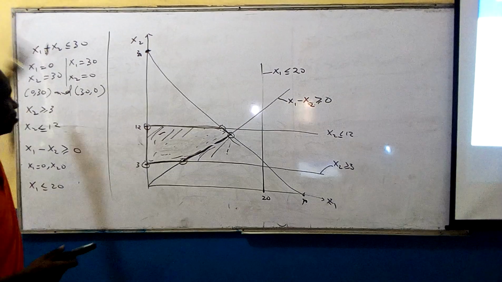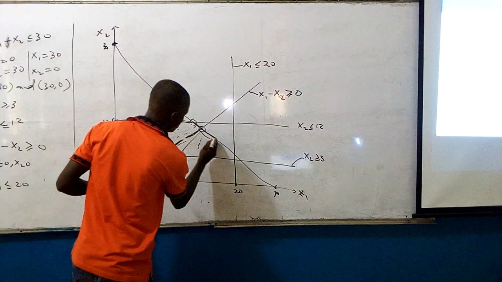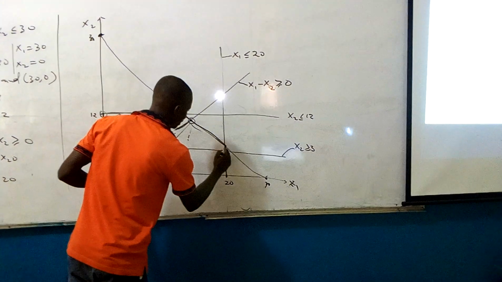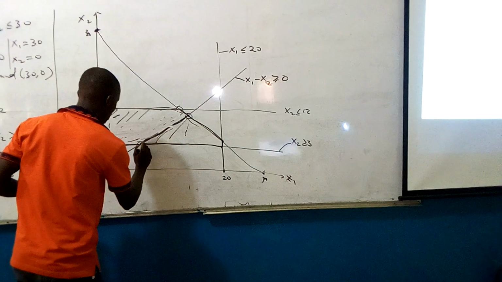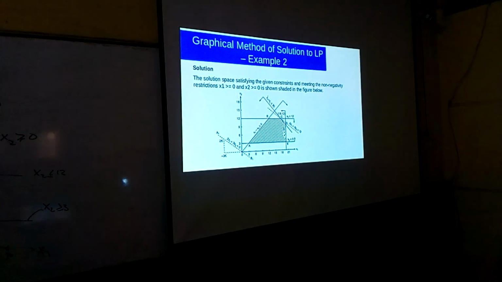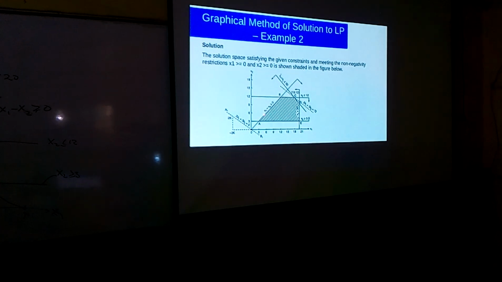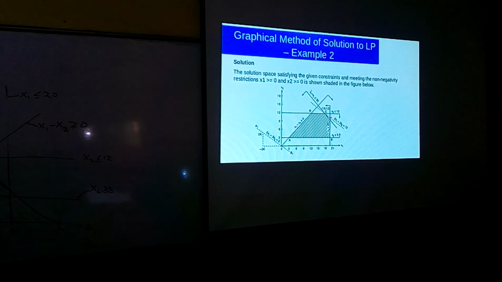Less means we shade to the left, opposite to the right. So sorry, it will be this rather. But we are not drawing to scale, so it's different from what we see from this line. So these are the vertices for the optimal solution.